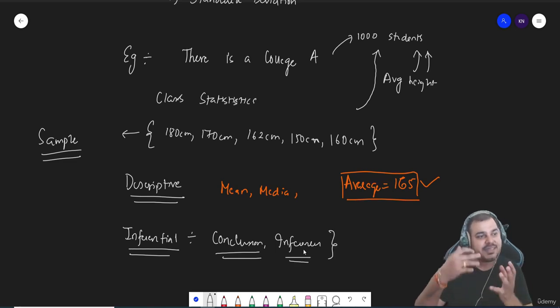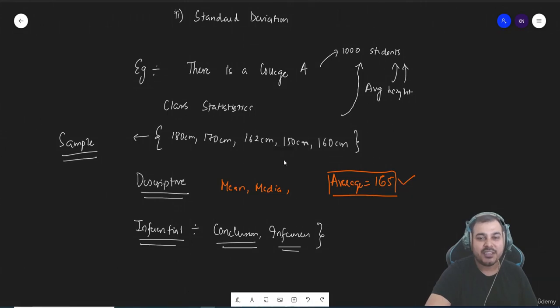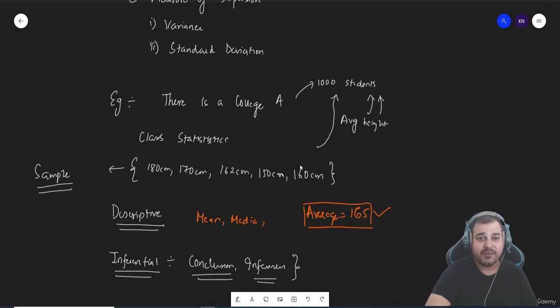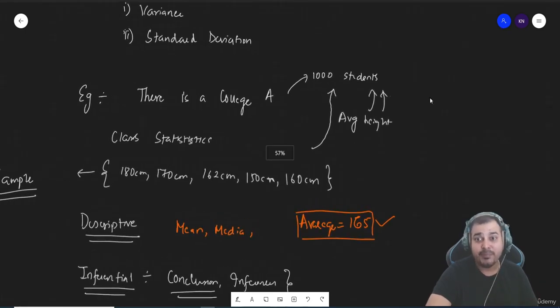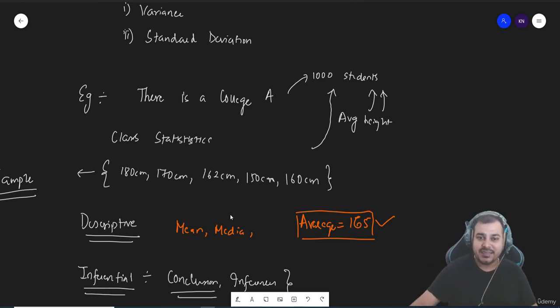So this is the basic understanding with respect to descriptive and inferential statistics. There are a lot of different kinds of experiments we perform. Now, if I really want to find out whether we can conclude what may be the average height of these 1000 students, we have to perform various experiments. And these 1000 students are my population data.